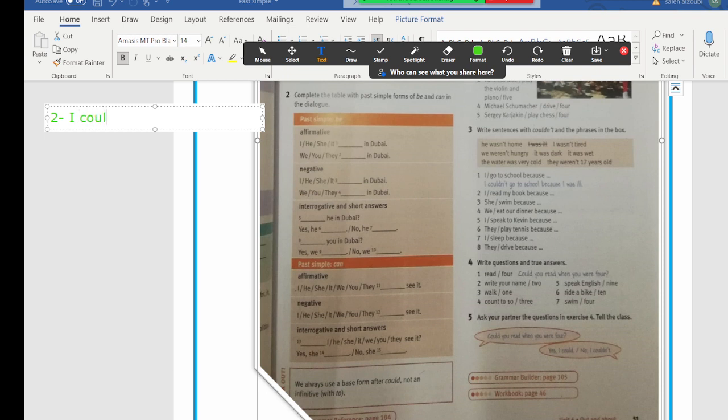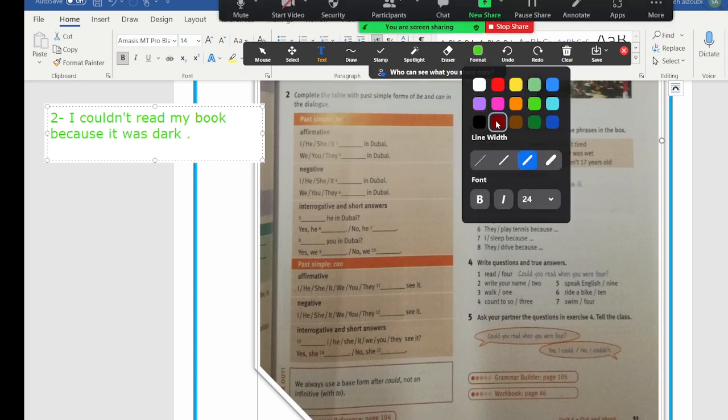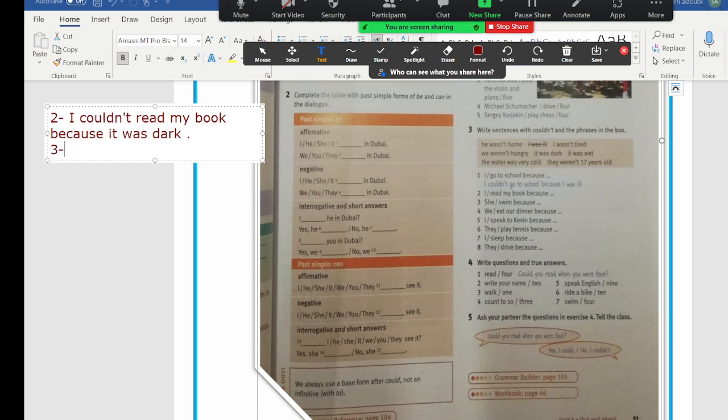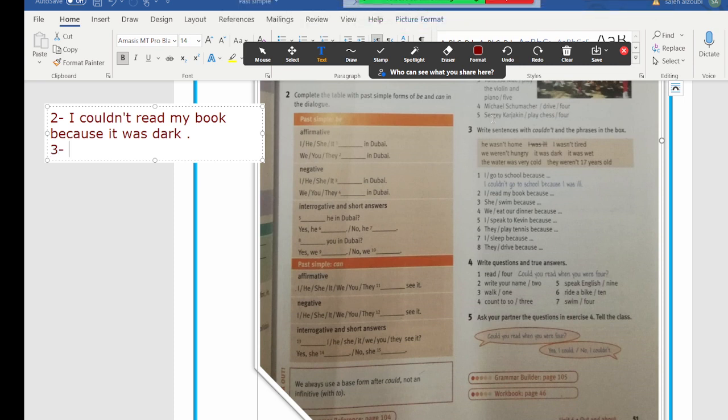I couldn't read my book because it was dark. Number 3.